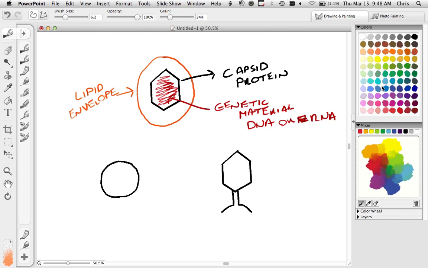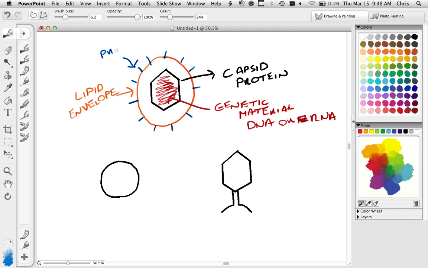And some of these envelopes even have these weird proteins sticking out of the surface. As you'll see in the next video, these proteins act as keys. And these keys can be used to unlock the cell, so to speak, so the virus can gain entry into the cell. And these are made of protein.